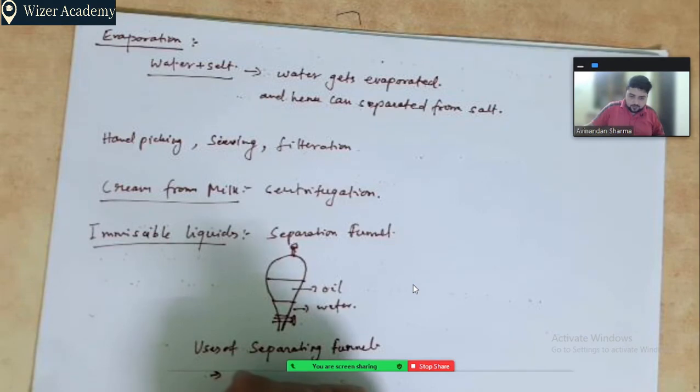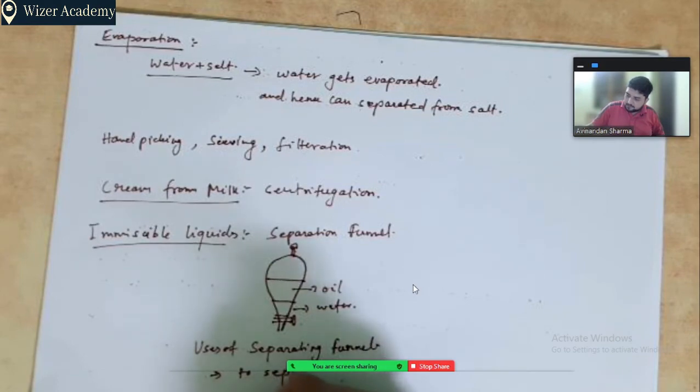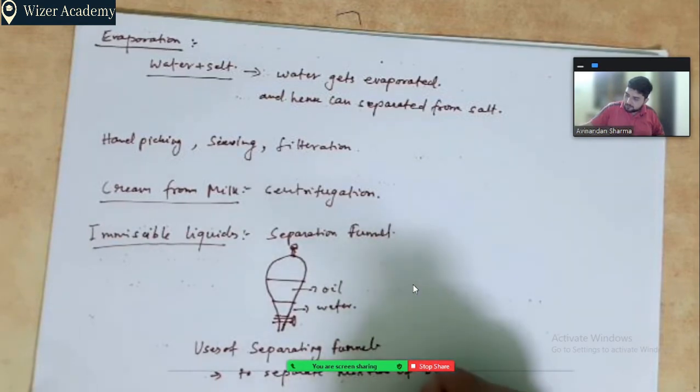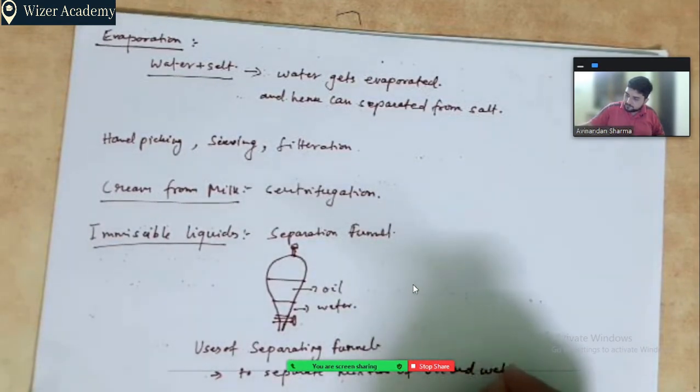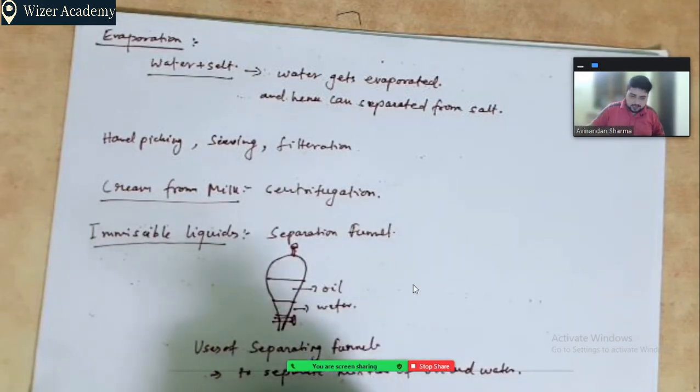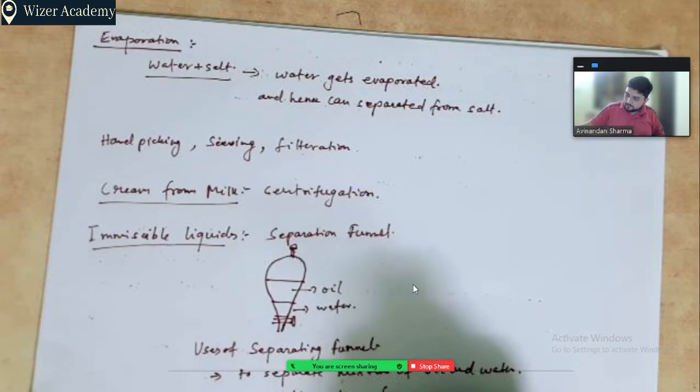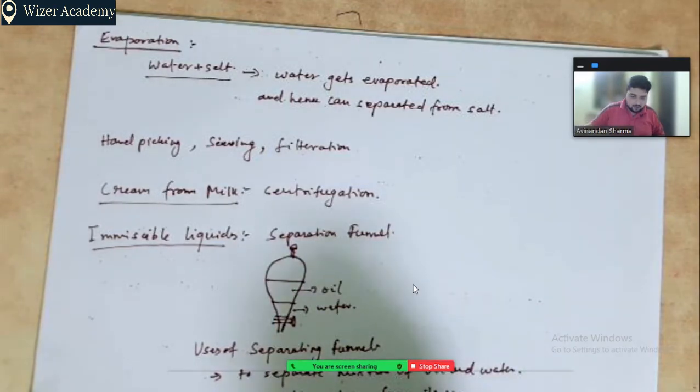It is used to separate a mixture of oil and water, and it is used for extracting iron from its ore, as in the molten state the mixture is immiscible, and for that it can be used depending upon their density.